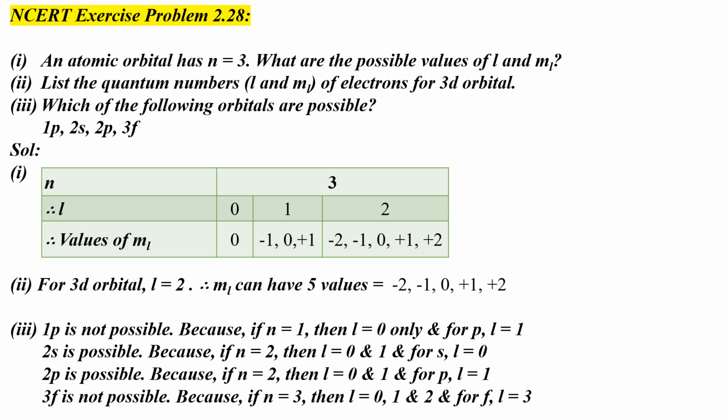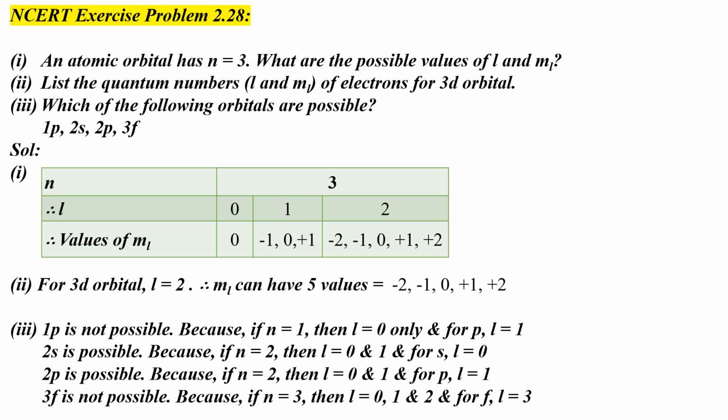Now, ML can have 5 possible values. See how I have worked out the values of ML when the value of L is 2 in the previous solution. Look at the tabular form. So ML can have 5 values. What are they? -2, -1, 0, +1 and +2. And this is the solution for the second question.